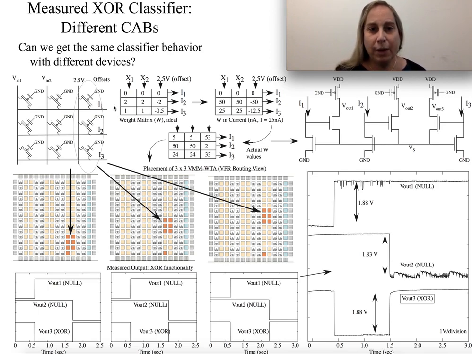So I could imagine theoretically having 2 inputs plus, say, an offset, which could just be 2.5 volts in a 2.5 volt supply device, thinking about the first system-on-chip FPAA devices, which had a 2.5 volt supply, 350 nanometer process. Here are my 3 vectors: one at all zeros, one at 2 and 2 with an offset of -2, and one at 1, 1, which gives you that push in the middle, which pushes the exclusive OR structure that you're looking for.